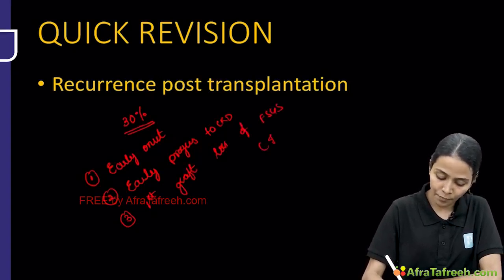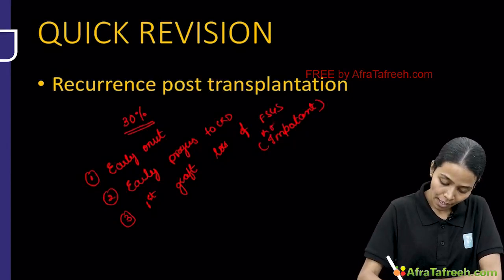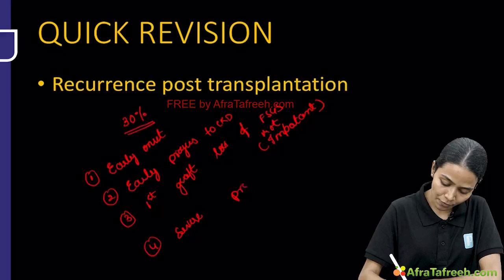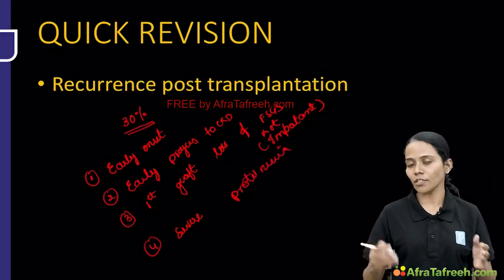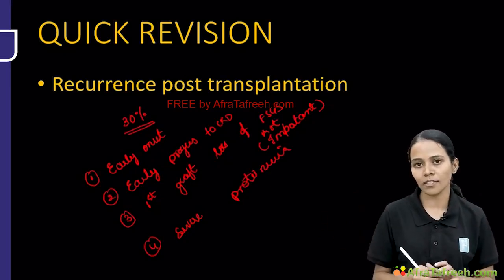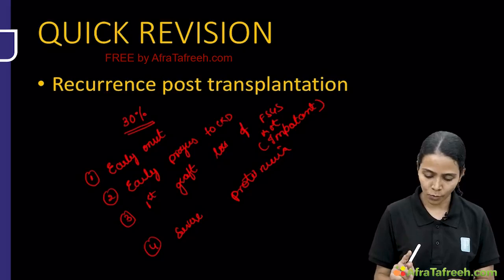Okay, so this is the most important risk factor, or the highest. And fourth is if they're going to have very severe proteinuria. So the treatment for this will be plasmapheresis to remove the SUPAR factor. This again, like I said, I have discussed in the chapter on recurrence post-transplantation. Okay, you can go and refer there.